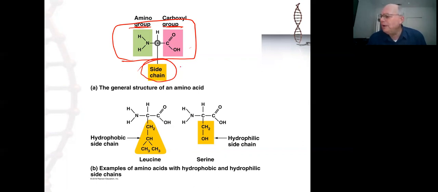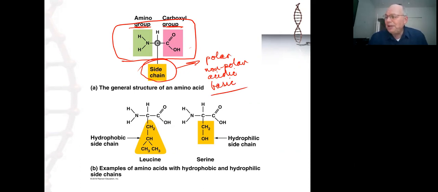So the side chain could be polar, it could be non-polar, it could be acidic, or it could be basic. And each of the side chains and the chemical property of the side chain not only defines what the amino acid is, but determines the chemical property of that amino acid.